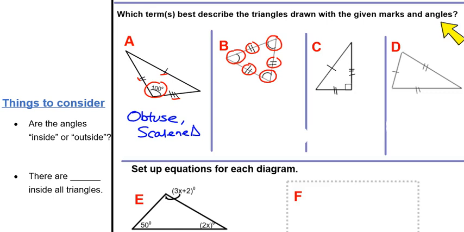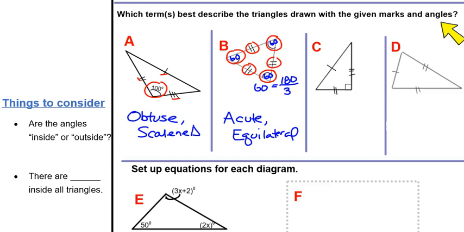Knowing what I know about triangles, I do know that there are 180 degrees in a triangle. And I know that if I divided that into 3 equal chunks, I would have 60 degrees in each angle. So although they didn't tell me the number, I can calculate what it is. And since all of those numbers are less than 90 degrees, that tells me I have an acute equilateral triangle.